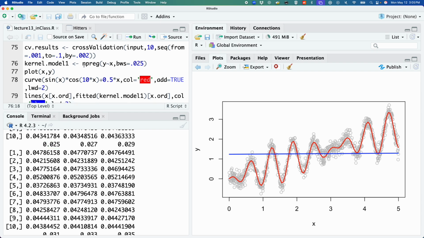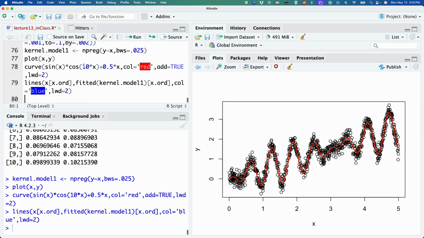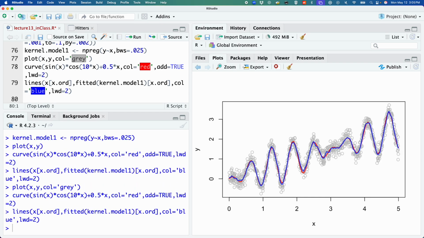And so if I run that, here I can end up finding my best bandwidth size to fit to this, and it'll end up looking something like this.